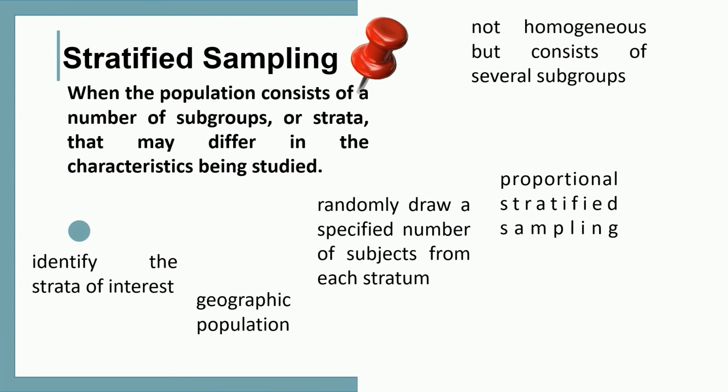When the population consists of a number of subgroups or strata that may differ in the characteristics being studied, it is often desirable to use a form of probability sampling called stratified sampling. You first identify the strata of interest and then randomly draw a specified number of subjects from each stratum.